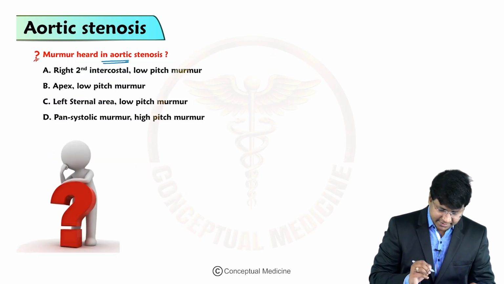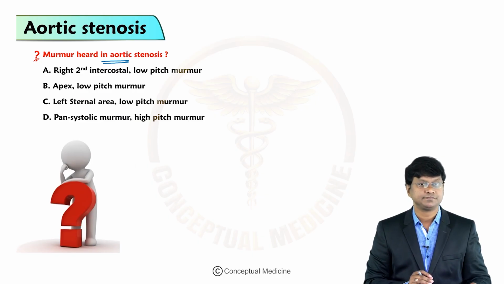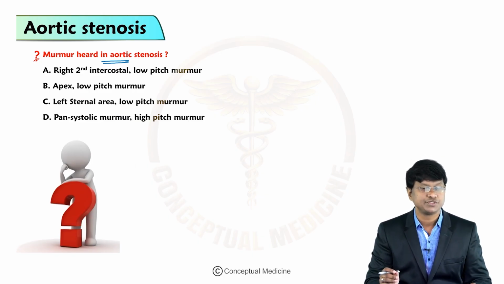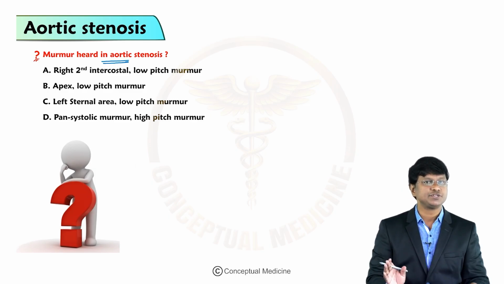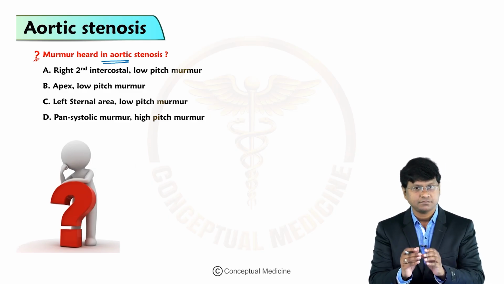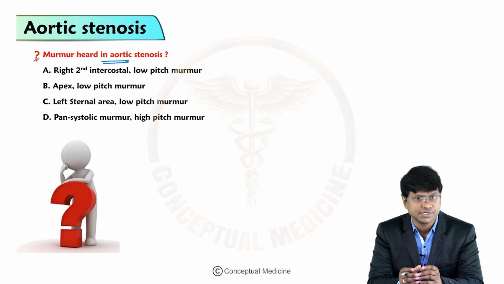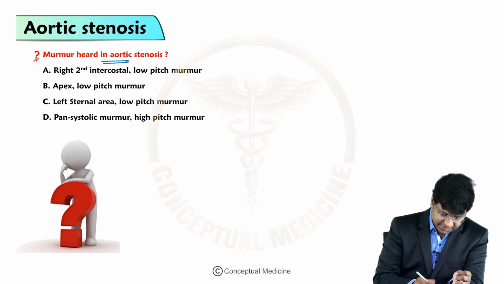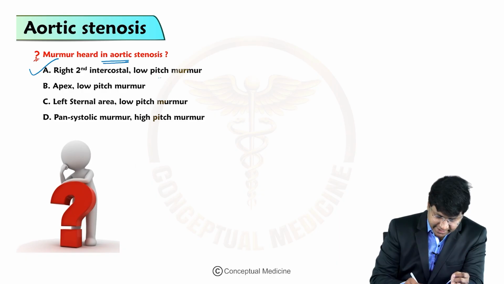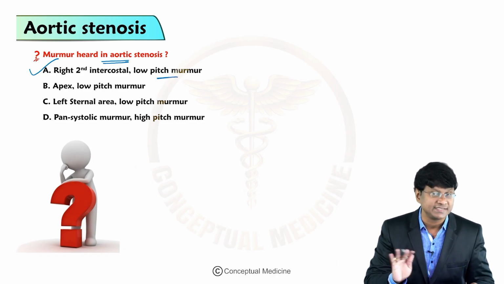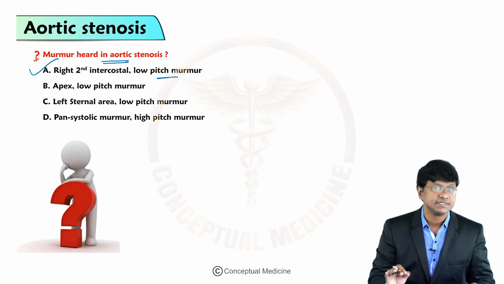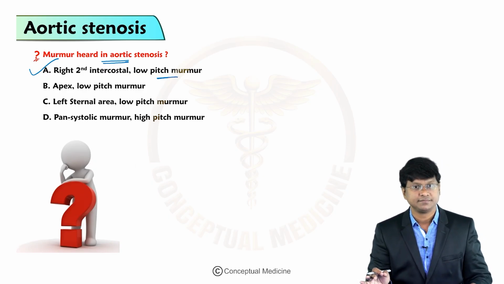Murmur heard in aortic stenosis. Right second intercostal space, low pitched murmur. Murmur is heard at the apex, low pitched murmur. Left sternal edge, low pitched murmur. Pansystolic murmur, high pitched murmur. Okay, so the murmur of aortic stenosis is heard in the right second intercostal space and it is a low pitched murmur, right? It is not a pansystolic murmur. It is the ejection systolic murmur, right?